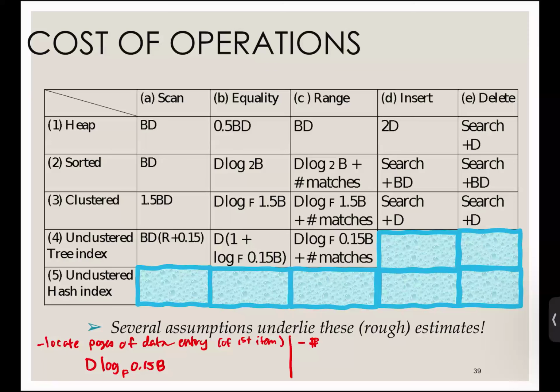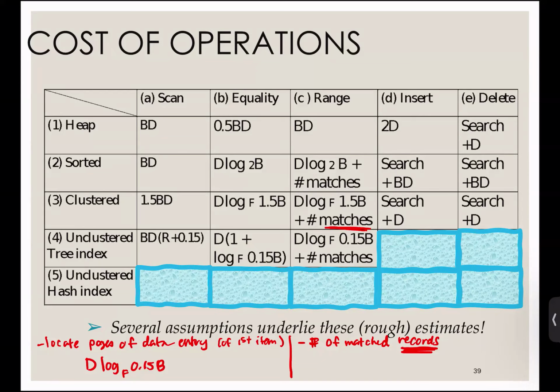But this is a very, very important difference: number of match records, not the match pages anymore. Because in the previous, clustered version, match meant match pages, since consecutive items would stay in the same page. But it's not true for unclustered index anymore.